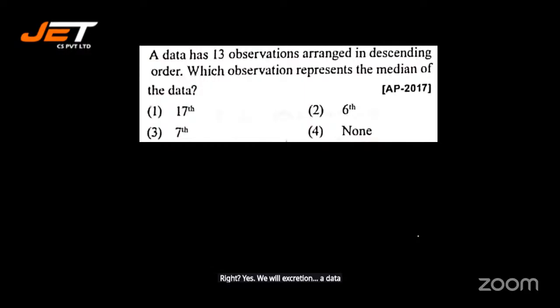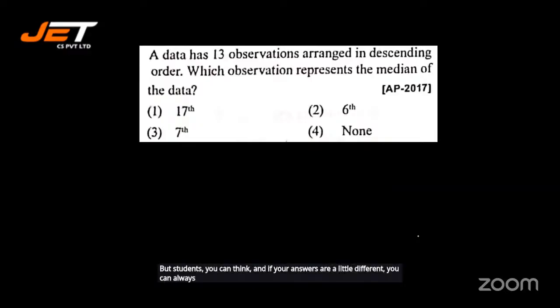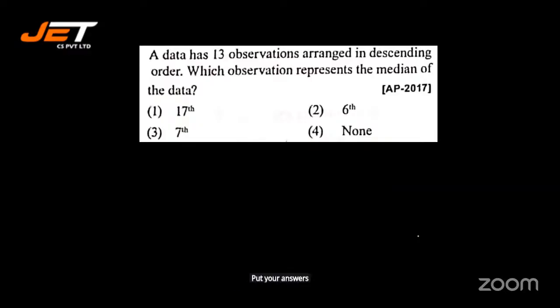A data has 13 observations arranged in descending order. Which observation represents the median of the data? So it is 13 plus 1 by 2th item, 14 by 2 is 7th item. So this is what your answer has to be. But students, you can think, and if your answers are a little different, you can always tell us. Put your answers in the chat box.